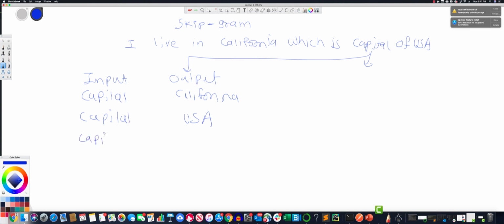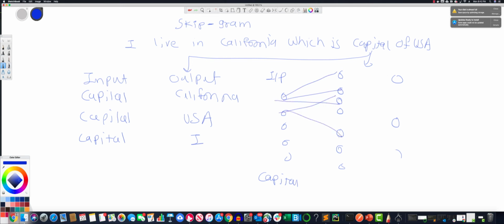Here again the input is only one, which is the vector of the word capital, and then you have multiple outputs in this particular case, one for each word.